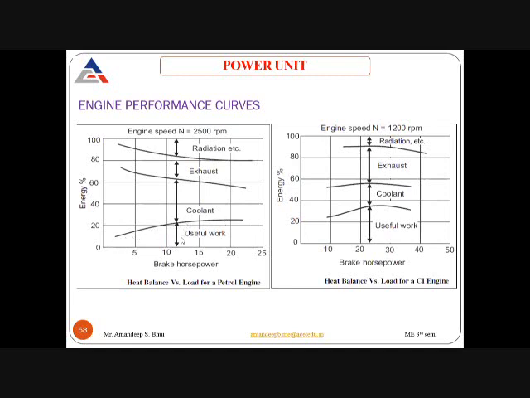From this 0 point, you can see that the area below this graph gives us the value of the useful power that is available at the crankshaft. It is less at lower brake power, and as we increase the brake power, it starts to increase. So useful work starts to increase.